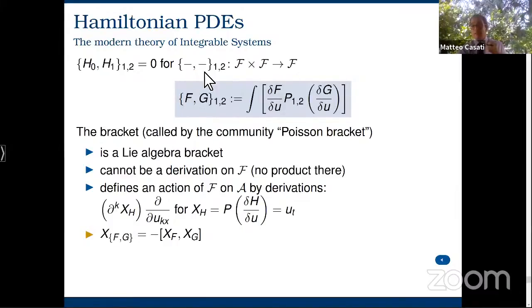And this bracket on the space of local functionals, this is something that I like to stress, is a Lie algebra bracket, but cannot be a derivation of the space of local functionals, because the space of local functionals is not an algebra. There is no well-defined product on it. And yet it defines an action of the local functionals on the space of local densities by derivations, basically defining the equation of motion by the formulae I showed before.